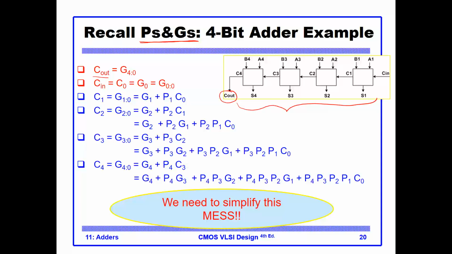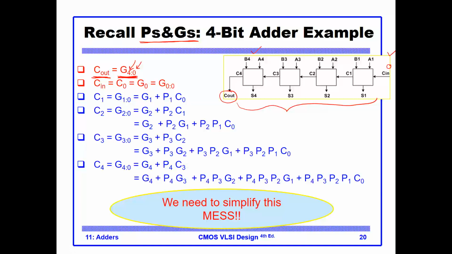But since Cn is coming from outside, I'm going to assume that there is a phantom bit here, which is bit 0. So I'm going to say that the Cout is the group generate. Which group? From bit 4 all the way to bit 0.